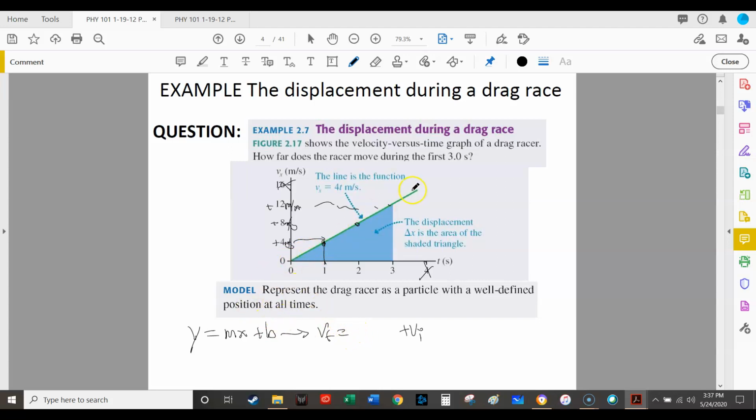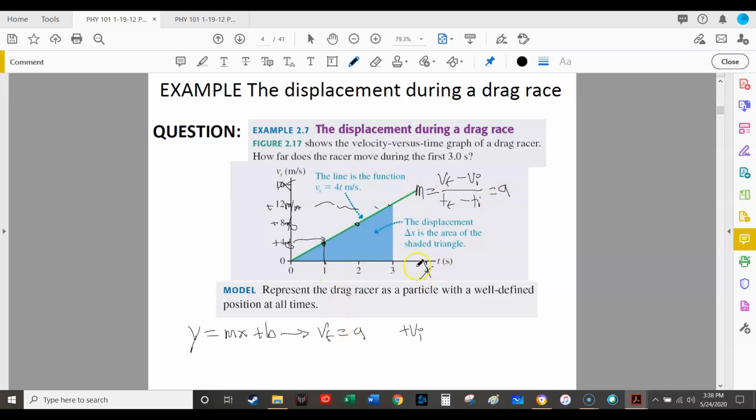The mx, the slope, is going to be rise over run. So it'll be final velocity minus initial velocity over final time minus initial time. Well, velocity over time is actually your acceleration. So in this case, slope is the acceleration of the object.